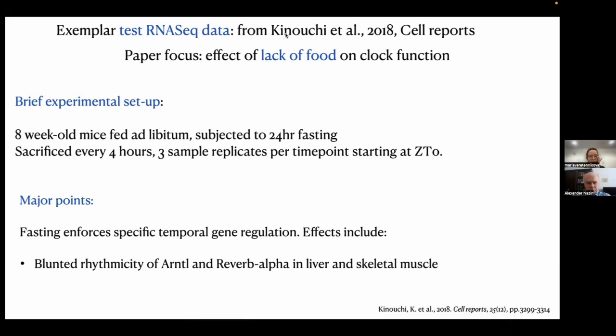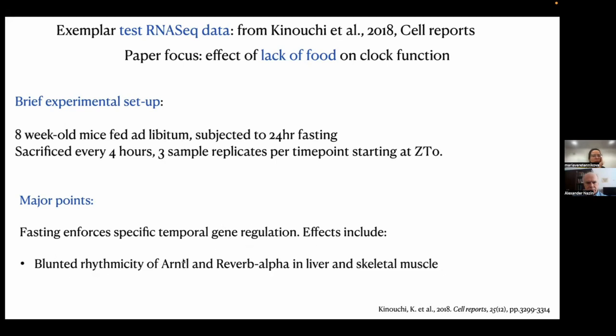So the paper mostly analyzed genes individually. One of the things they say is that fasting does enforce specific temporal gene regulation.